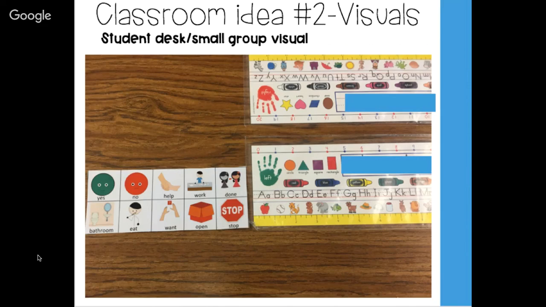This particular user is a high-tech user, but I think there's absolute value in keeping just some good quick access core vocabulary right at the ready. So whether he has left his device across the room or it's charging, or whatever reason he would need to use a low-tech system, this is sitting right by his name tag. He knows where it will be all of the time.